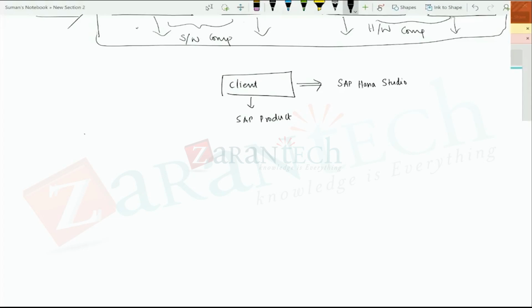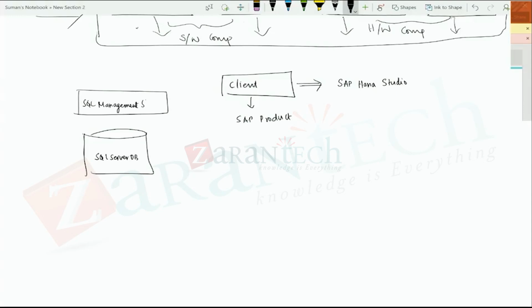People who are familiar with SQL Server know that if you were to access your SQL Server database, you would typically use something called SQL Server Management Studio. SQL Server Management Studio is nothing but a client that helps you access the information in your underlying database.